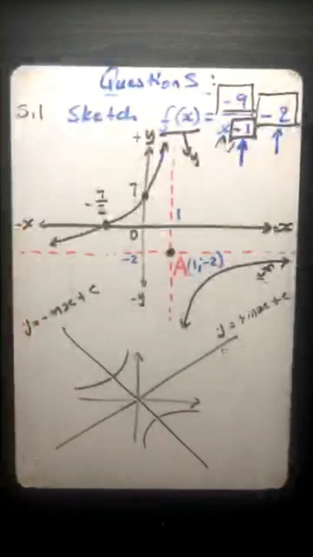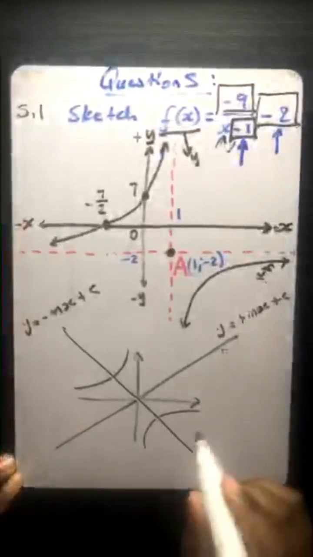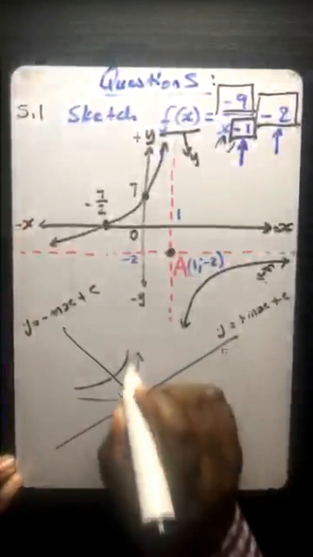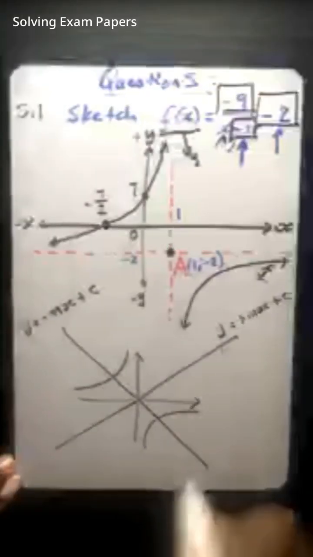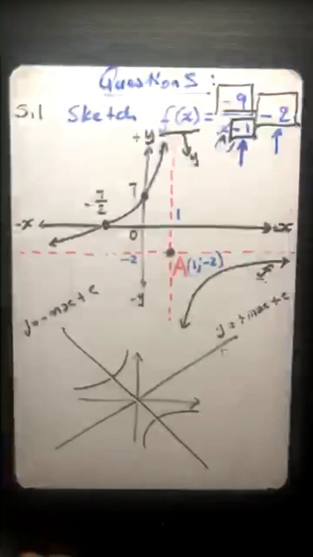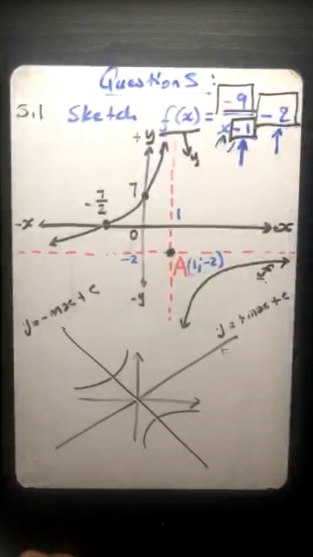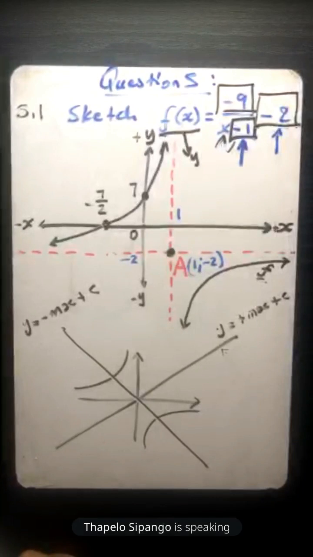That means when we are looking at a hyperbola, how many axes of symmetry does it have? It has 4.